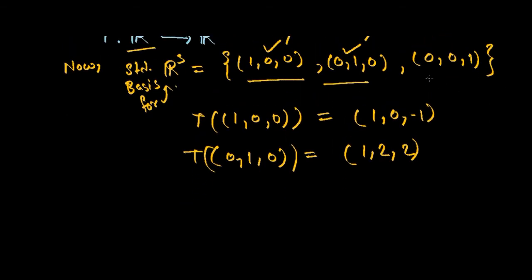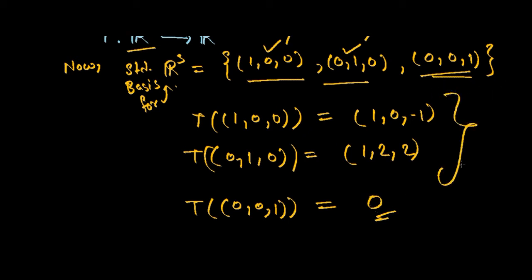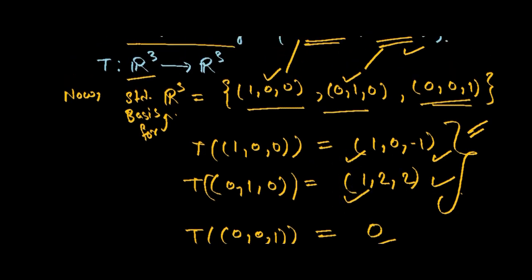And we can assume that T of our third vector from the standard basis, that is T of (0, 0, 1), is nothing but equal to the zero vector. This sort of consideration is valid because we are getting the range as these two vectors, and they are linearly independent, as we know they form the basis of our range.